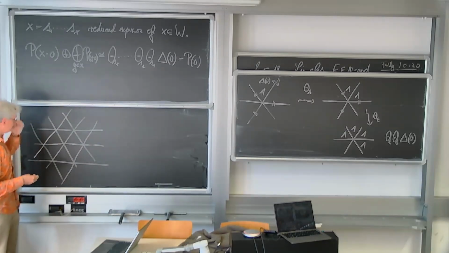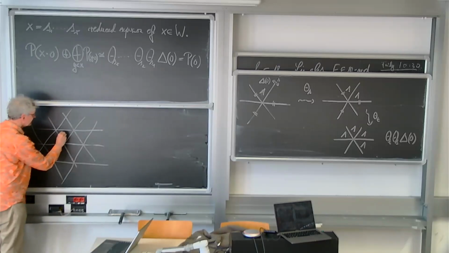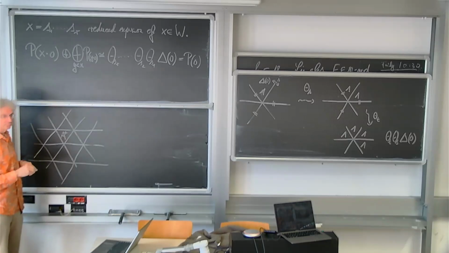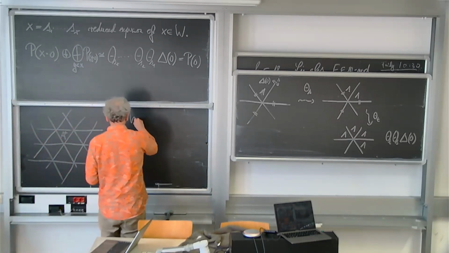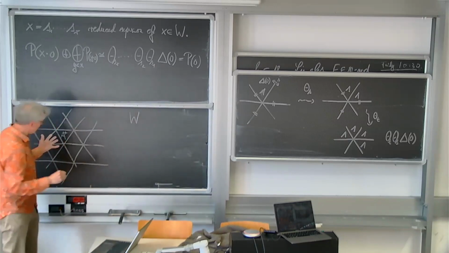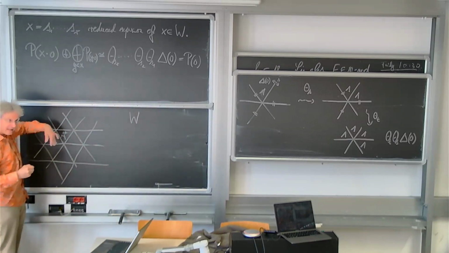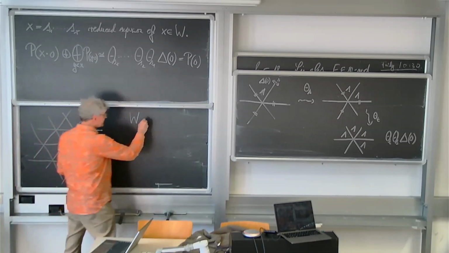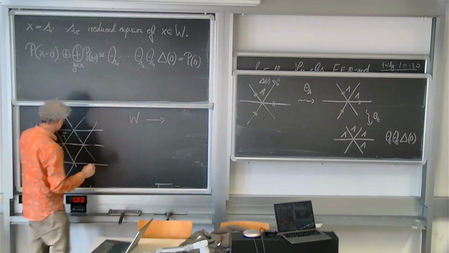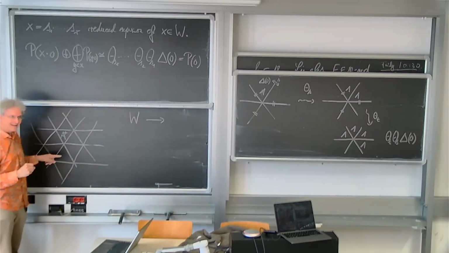And now we fix an alcove. We call it A plus. And we know that the Weyl group, well, the reflection group, the group generated by the reflections along all these mirrors, acts simply transitively on the set of alcoves.